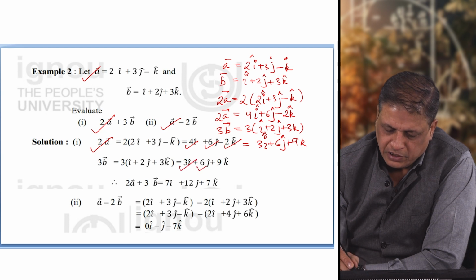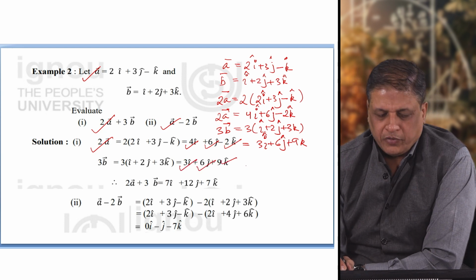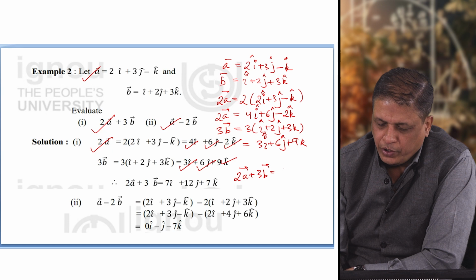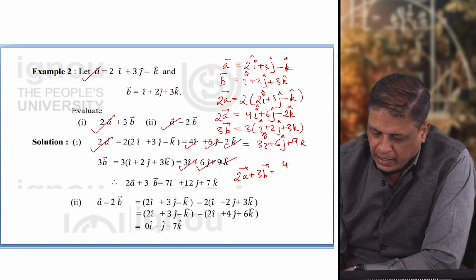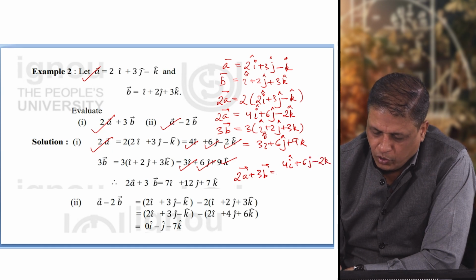Now performing the addition, 2A plus 3B, we are going to add the components pointwise. 2A was 4i plus 6j minus 2k, and 3B was 3i plus 6j plus 9k.